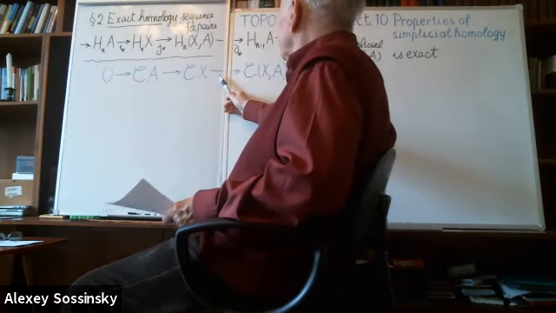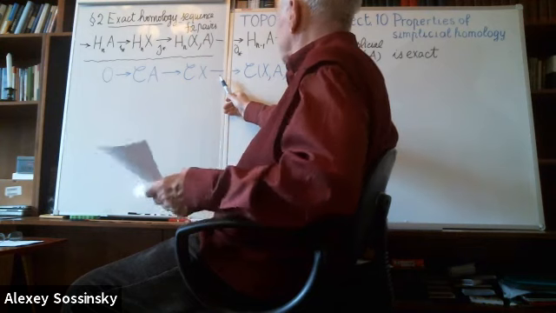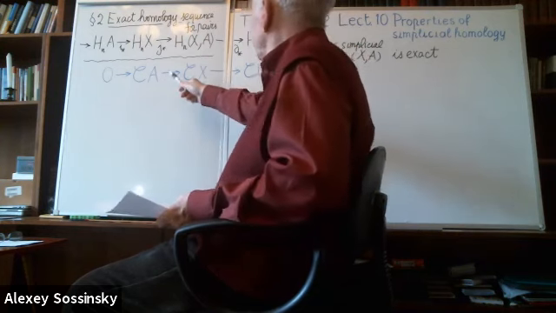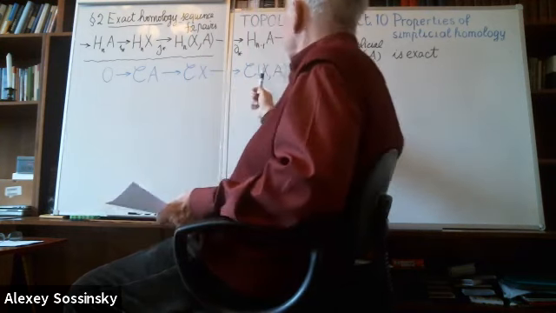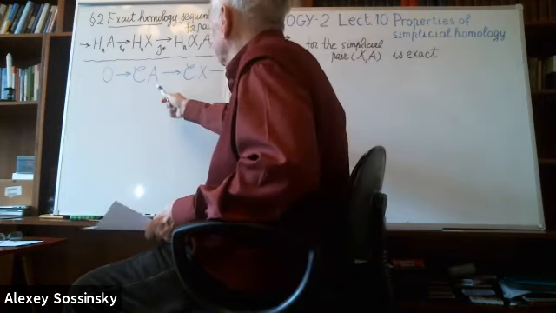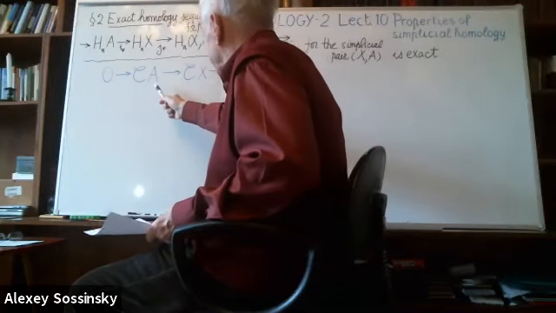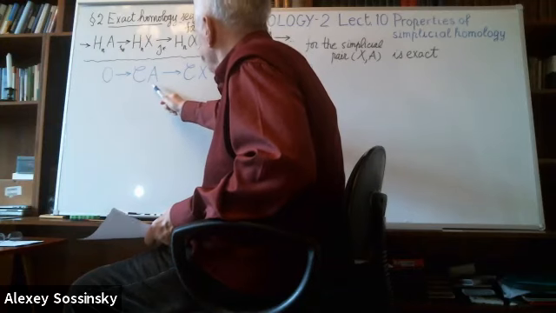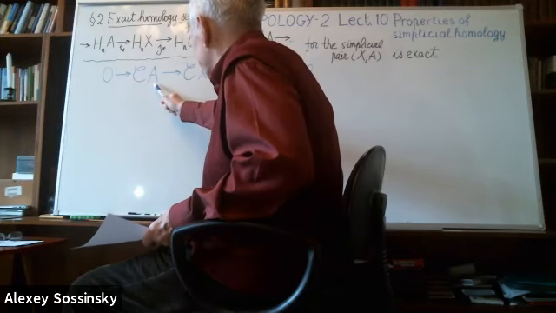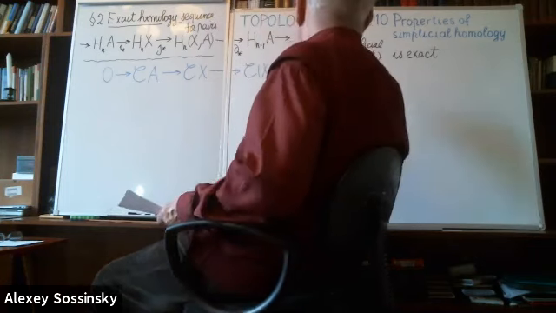And this immediately follows from definitions, because what disappears when you go from here to here is precisely those chains that have simplices in A. So this is obviously exact.